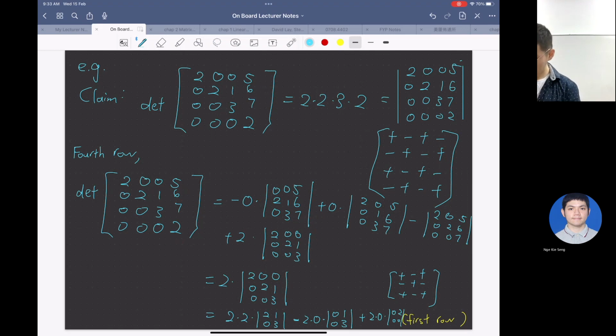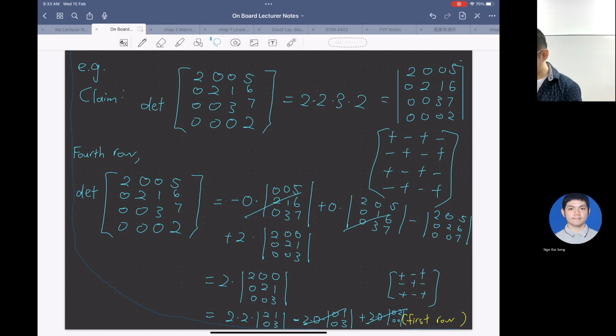So in fact, you can see that the first row is also okay because there's less computation. Only one guy survives here.